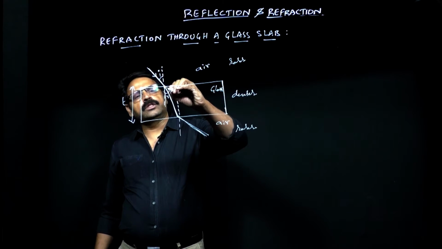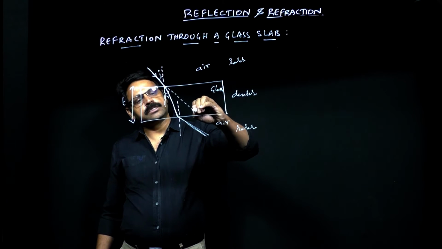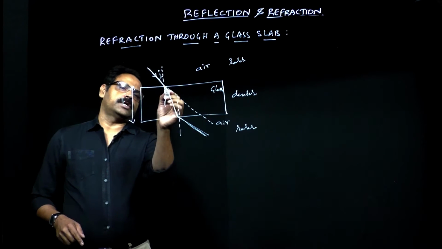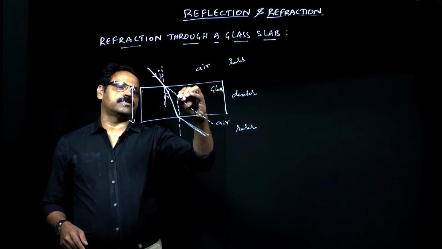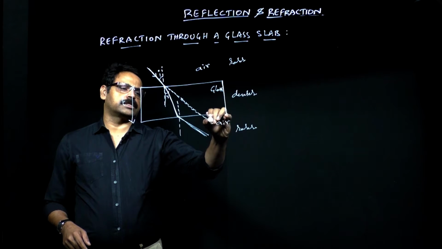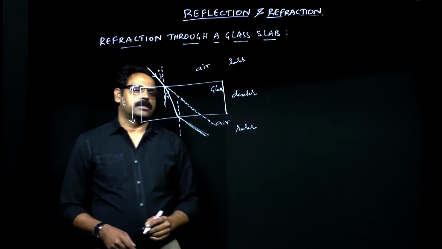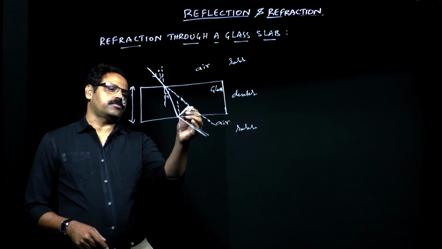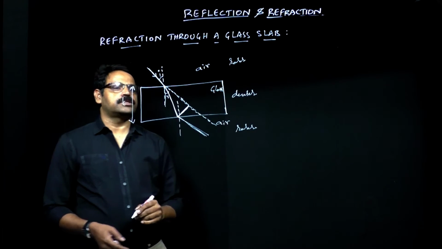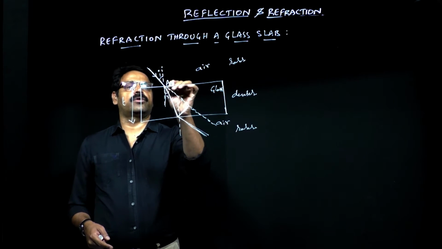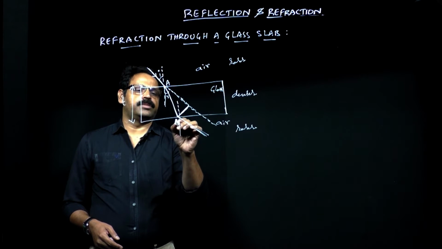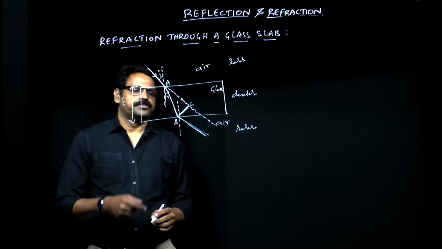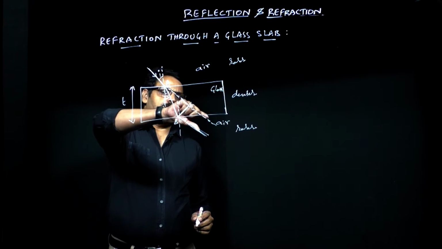But during the process, it is deviated from the original path. That means if the glass slab is not present, it would have travelled along this direction. This is the undeviated path. That means overall it is deviated by a distance of this much. Let us say it is falling on A, then this is B, this is C. So here you can think of it as having a shift.